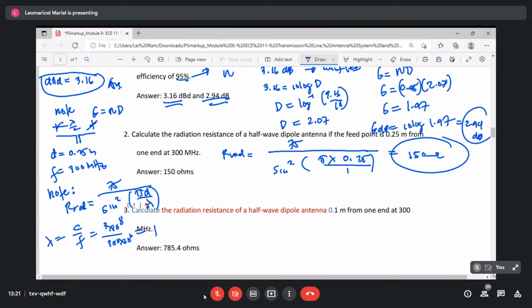Okay, 150 ohms. How about the others? Did you get 150 ohms? Yes.